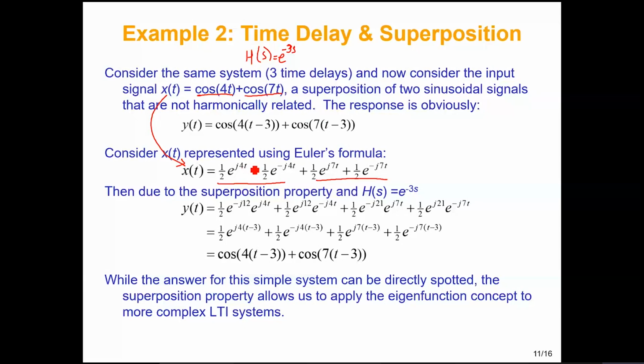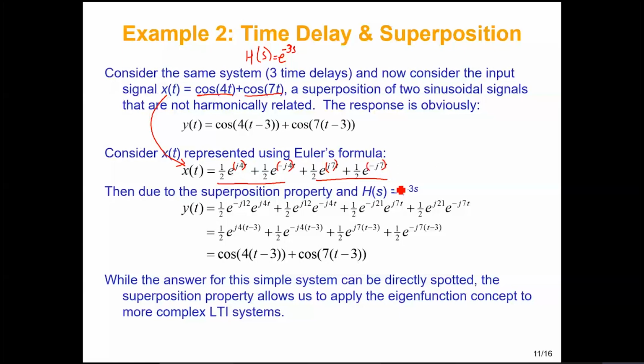So first of all, represent it in terms of complex exponentials because complex exponentials are basically eigenfunctions. And once we do that, we know that these are complex exponentials of the type e raised to the power of st. And we have 4 of these with different s values.